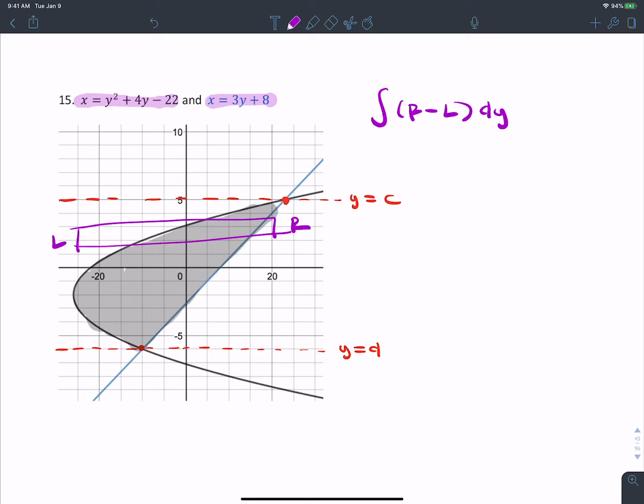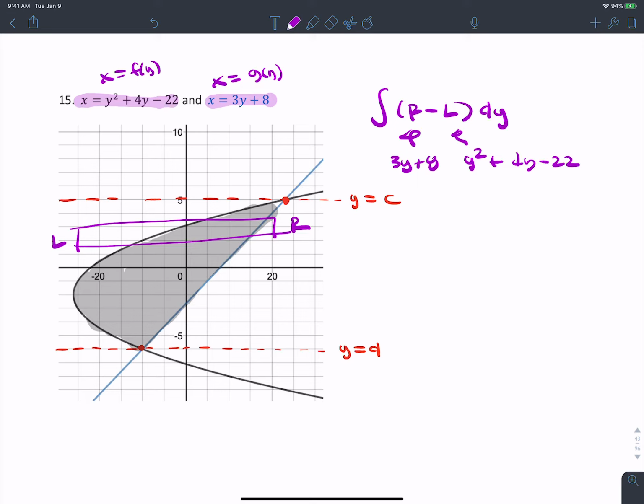Now, what's the right curve anyway, just so we know? Isn't that the line? And what's the equation of the line? This is going to be x equals some function like g of y. So this is going to be replaced with 3y plus 8, and the left curve is y squared plus 4y minus 22.